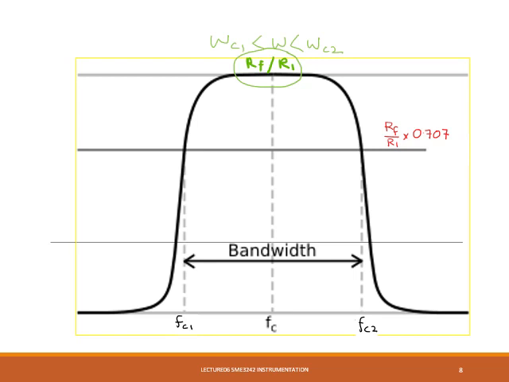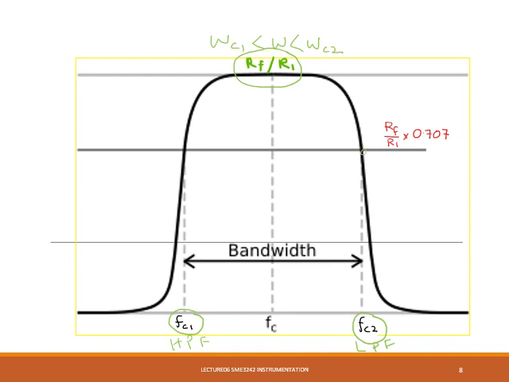And we have two cutoff frequencies, FC1 and FC2, and they will determine the bandwidth for the band pass filter. FC1 is the cutoff frequency for high pass filter, and FC2 is the cutoff frequency for low pass filter.